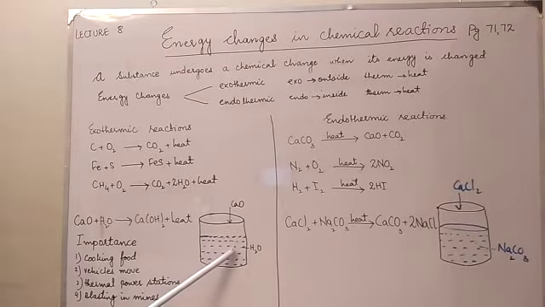We'll note down its temperature, and after that we will add calcium oxide in it. As we add calcium oxide, the beaker will become warm. On the outside, you can feel that the beaker becomes warm. Why? Because heat is released. So this heat which is released shows an exothermic reaction.